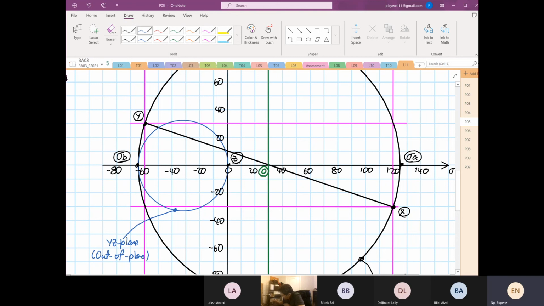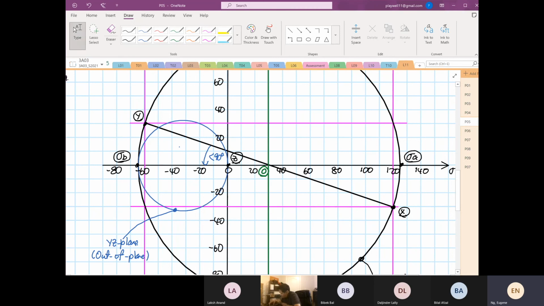Why is it YZ and not XZ? Because Y makes an acute angle towards this, less than 90 degrees, whereas X to the blue circle is more than 90 degrees. So that is why it's the YZ plane.